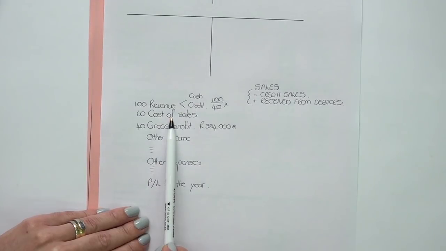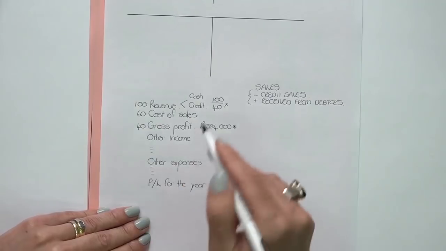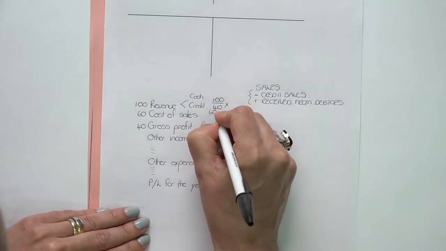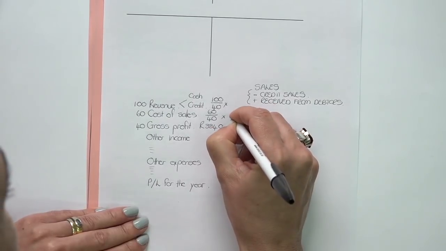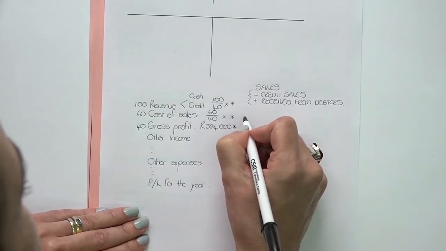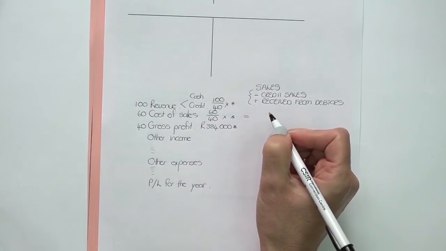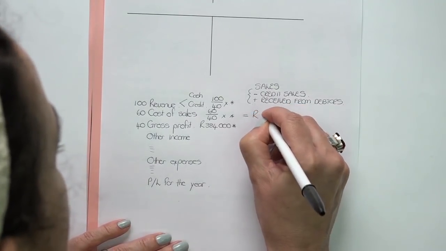Cost of sales, again, was not a given amount, so we want to calculate the cost of sales. So I'm going to take 60 out of the 40 and multiply that with my gross profit. That gives me a cost of sales amount of 576,000.